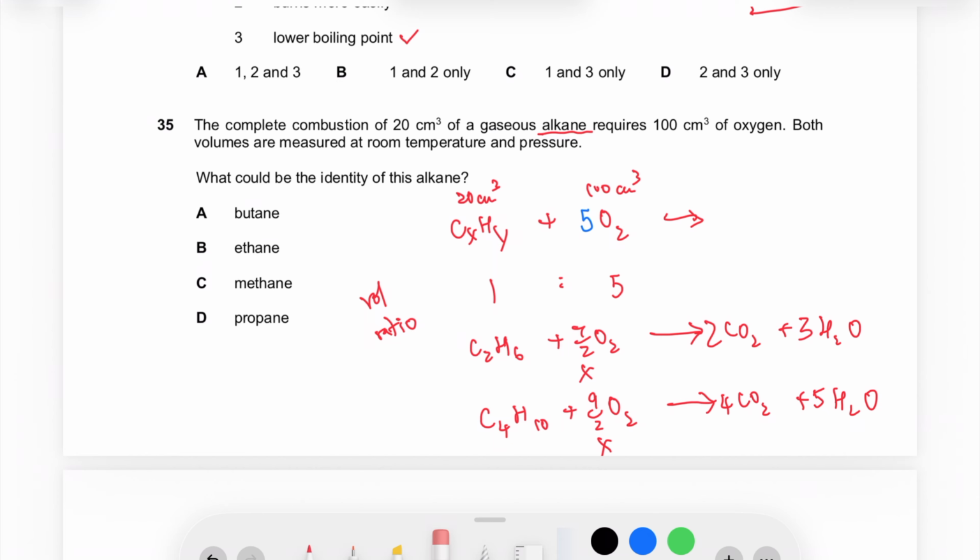Let's squeeze in somewhere. Let's just erase this one. Let's try propane, C3H8 plus O2.